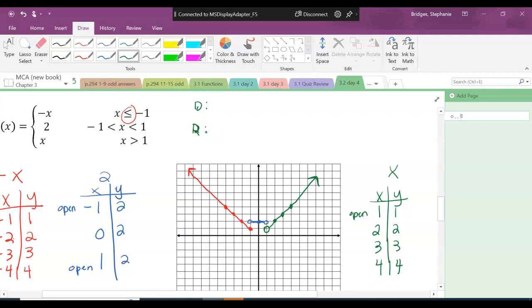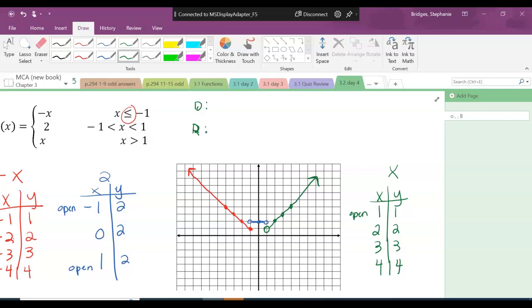All right, everybody ready for the domain? Left to right. I'm going to go until I have holes that aren't covered up by other spots. So where do I start? Negative infinity. Okay, I'm chugging along. Now I see my blue one has an open circle here, but does that red spot cover it? So I can keep going until I have another hole here. Does that green one cover it?